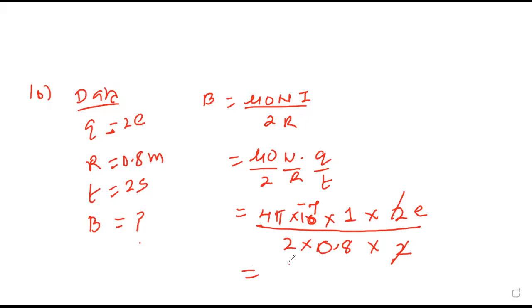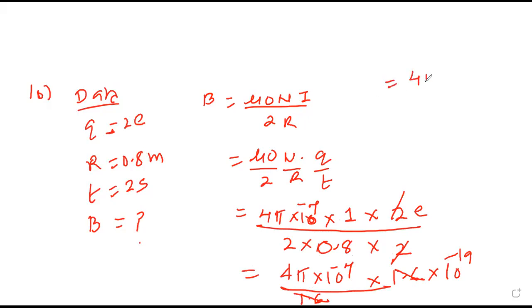So this will become 4 pi into 10 raised to minus 7, 1.6 into 10 raised to minus 19, 0.2 into 0.8 is 1.6. You can cancel 1.6, 1.6. So we get 4 pi into 10 raised to minus 26. The answer is also given the same, 4 pi into 10 raised to minus 26 Tesla. If frequency is given, then time they will not give. If time is given, then frequency they will not give. Solve.